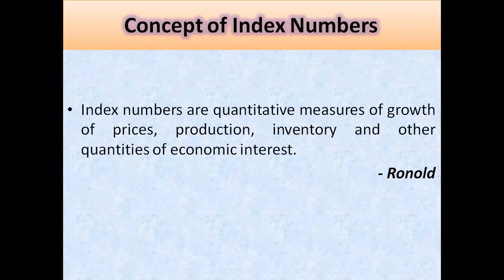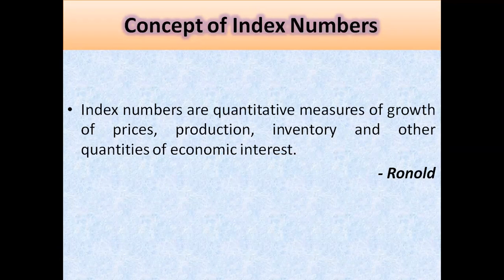It's not about only one commodity. We will be calculating index numbers for more than one commodity. That's why it is more important when we have more commodities and we need to check how we calculate these increases and decreases in the prices of commodities. So an index number of prices is an index of the prices of goods and services bought by the household. An economy produces a large number of different products.